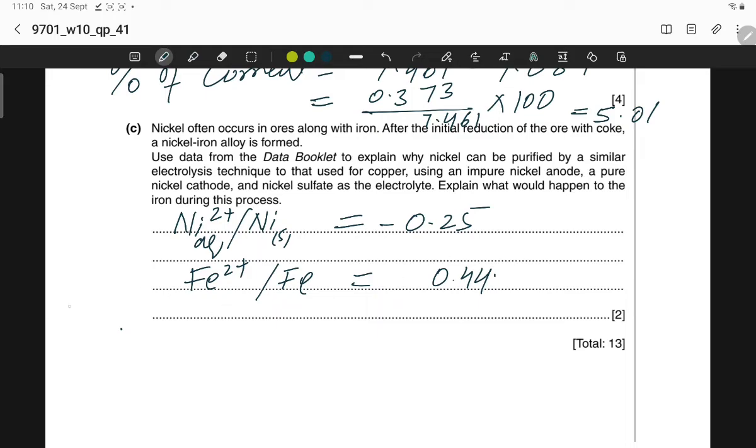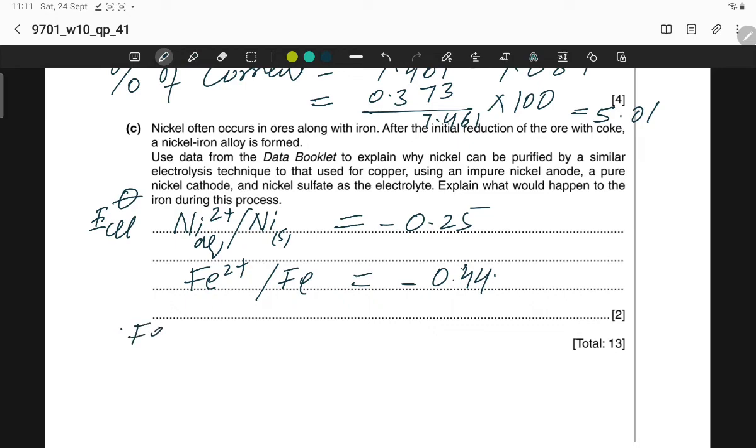These are the electrode potential values of the nickel and iron electrodes.